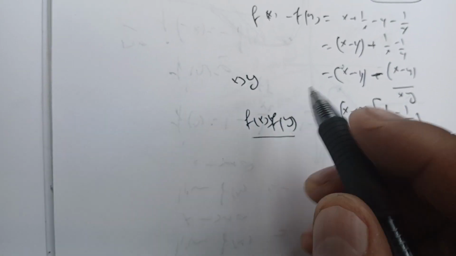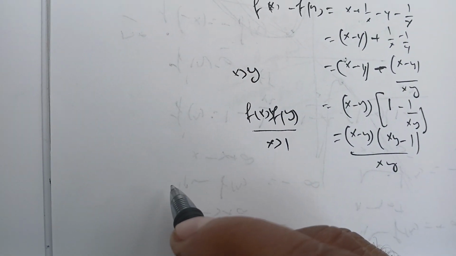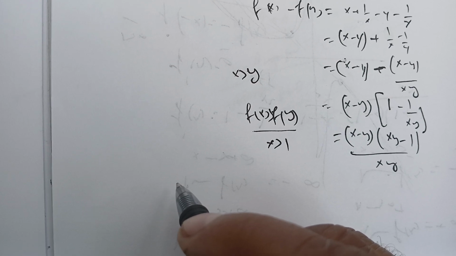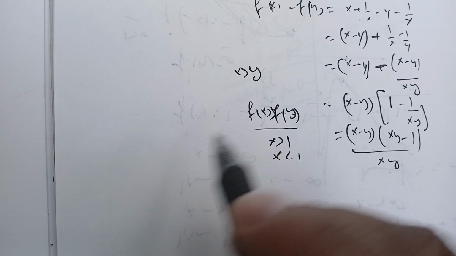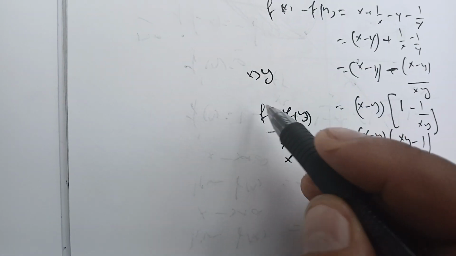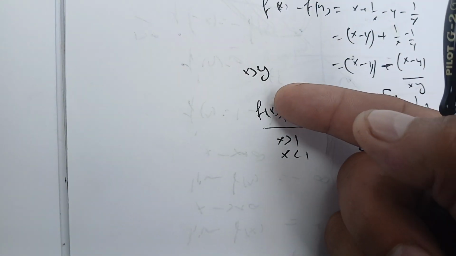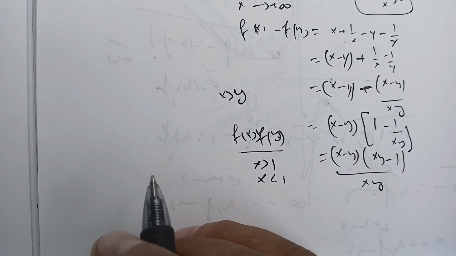That means when x is bigger than 1. When x is less than 1, we have f of x is less than f of y. That means f is decreasing from 0 to 1 and increasing from 1 to infinity.